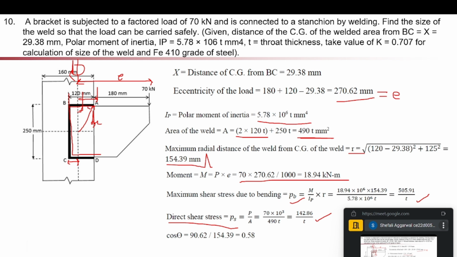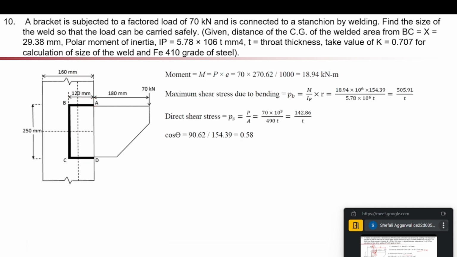So if this is our theta angle, cos theta will be base upon hypotenuse, right? So this is R value. So base is 120 minus 29.38, 90.62 divided by 154. So our cos theta value is 0.58.